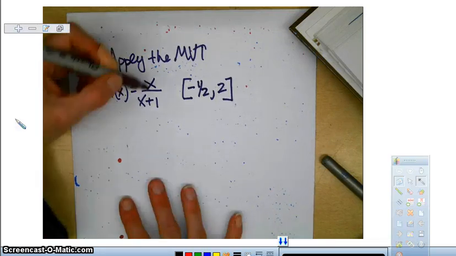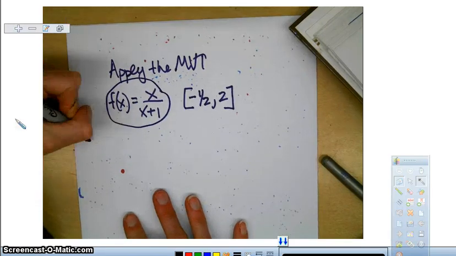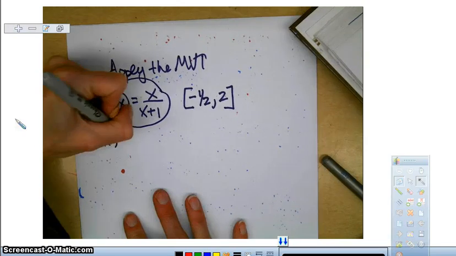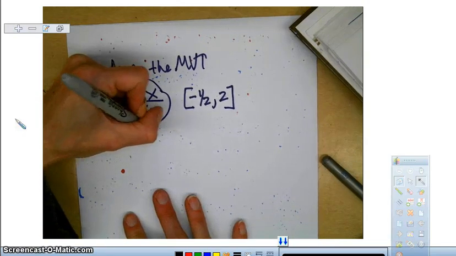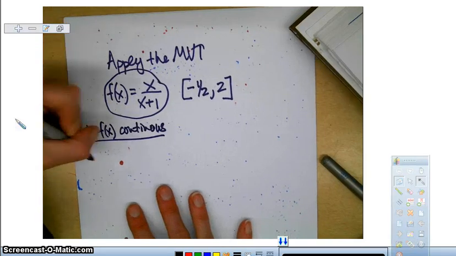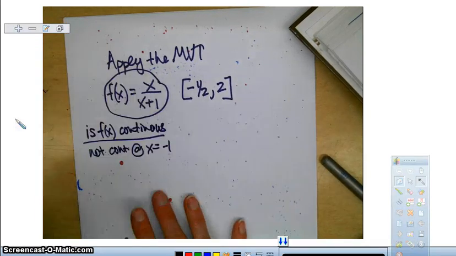All right, so is this function continuous? No. Where is it not continuous? Not continuous at x equals -1. But what?